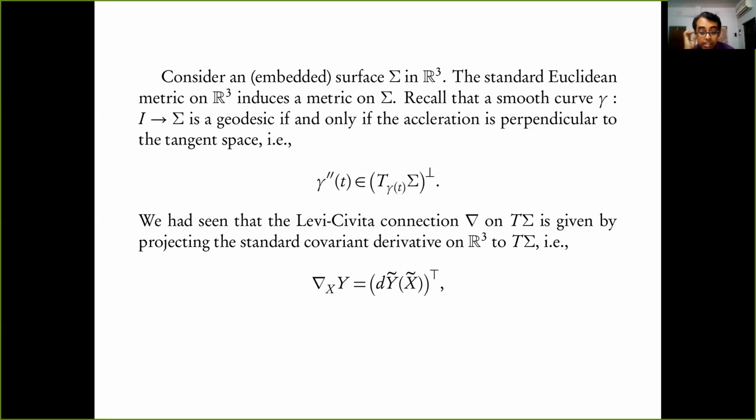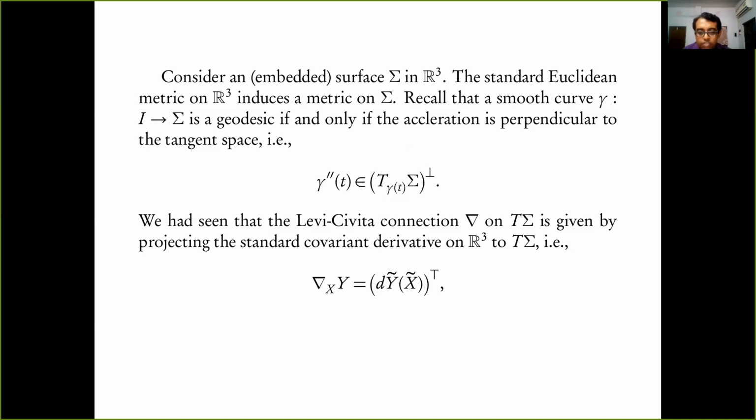So what do I mean by this? Well, remember that the usual Levi-Civita connection on R3 is nothing but the standard covariant derivative, meaning given vector fields x tilde and y tilde, you consider dy tilde. So y tilde has three components, three functions, one in the d by dx direction, the other in the d by dy direction, and the third in the d by dz direction.